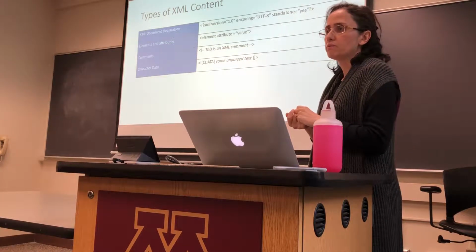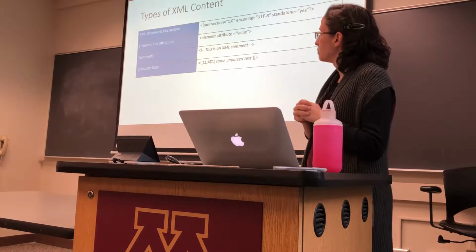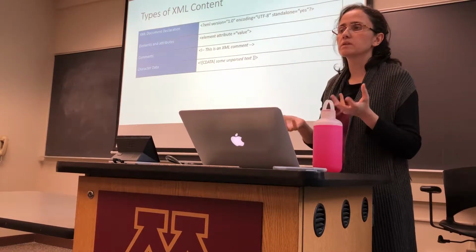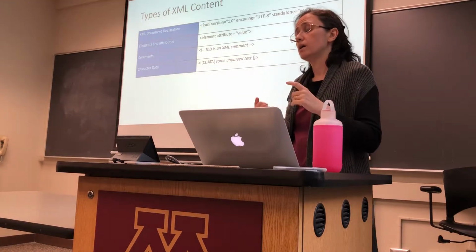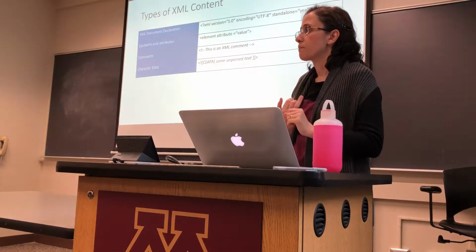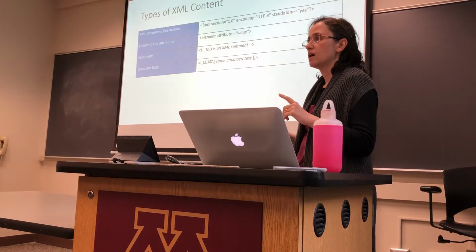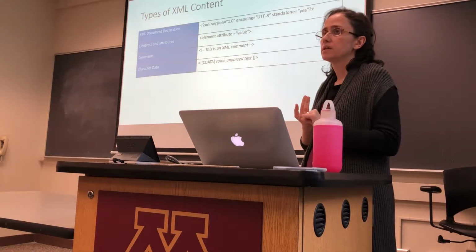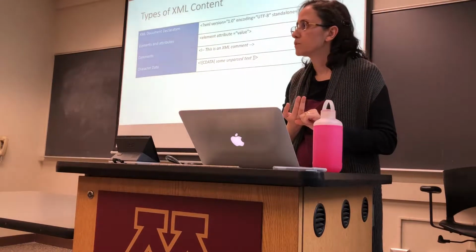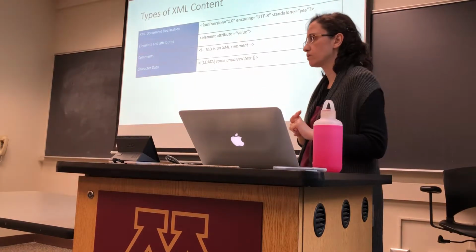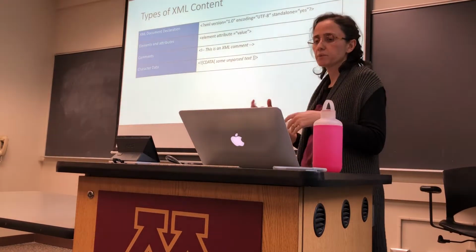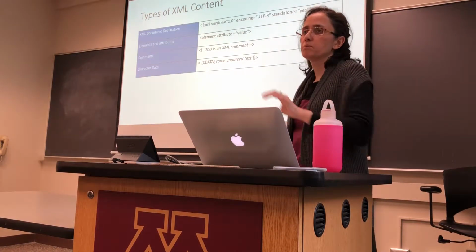In the previous page, when we saw this business card, I could have an element which is a business card, and within that element I would want to have a name for the person who has this business card. And I would want to have a phone number. I would want to have an email.